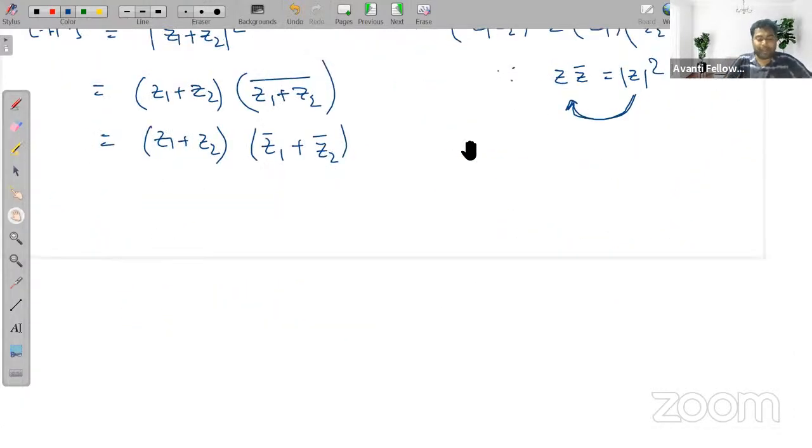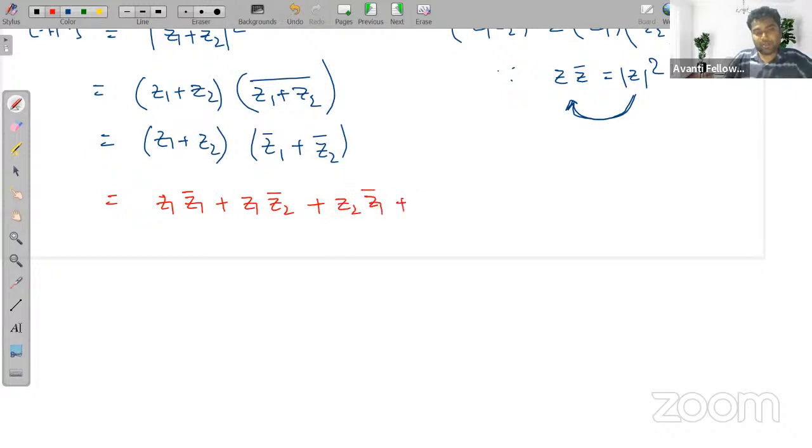So if we multiply here, what will you get? See here. Z1 into Z1 bar plus Z1 into Z2 bar plus Z2 into Z1 bar plus Z2 into Z2 bar. Sorry. By using this property also, we can write here, this becomes mod Z1 square and this becomes mod Z2 square.